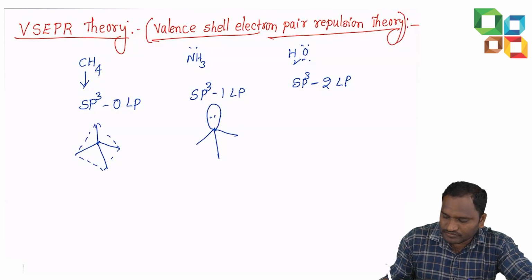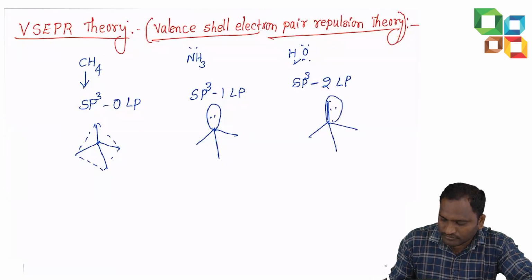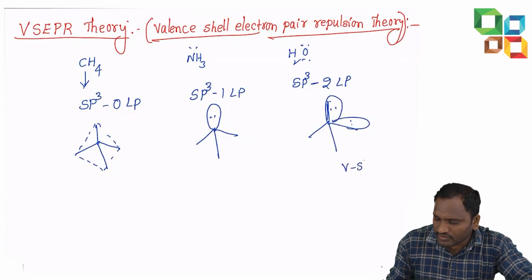H2O shape: here one bond, here one bond, V shape or angular shape.